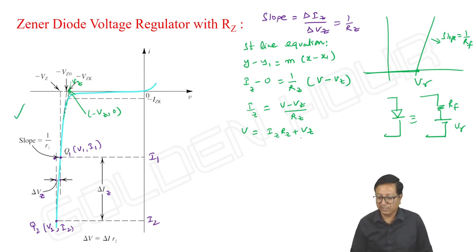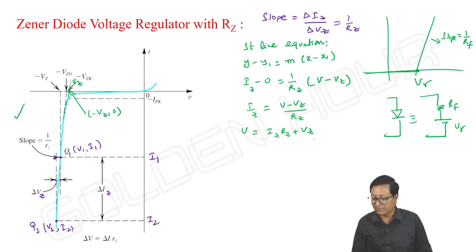So what is the equivalent circuit of our Zener diode? To be frank, I should take a negative sign here and plus here, and then the things will come, right? Instead of doing all such things, I'm directly writing the equations.